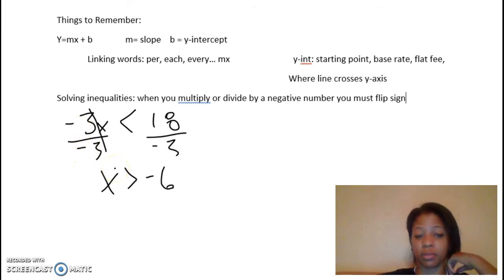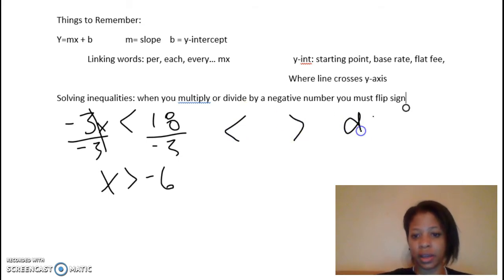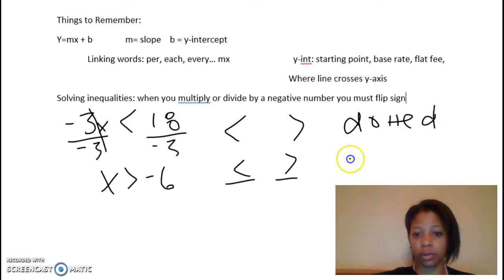The same applies if we multiply both sides by a negative number: you're just flipping the inequality sign. If you're making a graph with an inequality and it's just a greater than or less than sign, then you have a dotted line. If it's less than or equal to or greater than or equal to, then it's going to be a solid line.